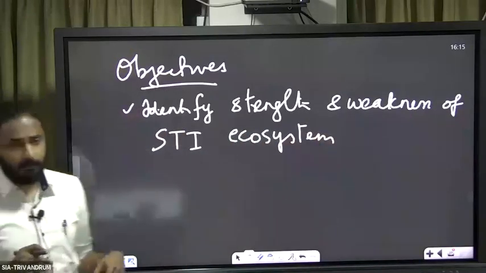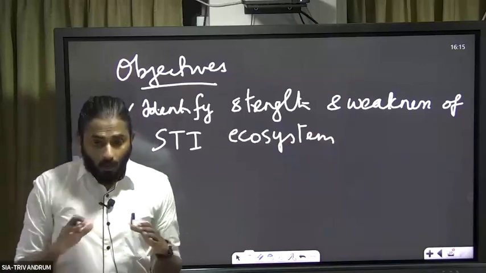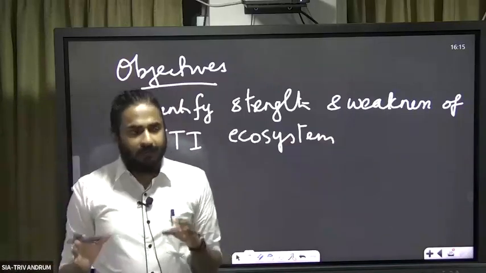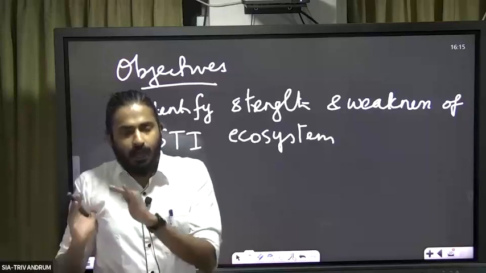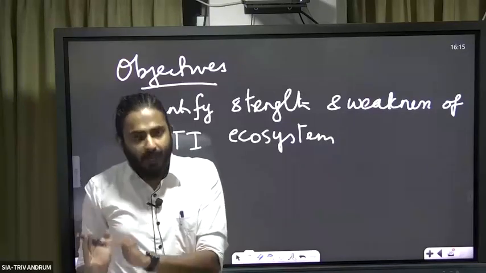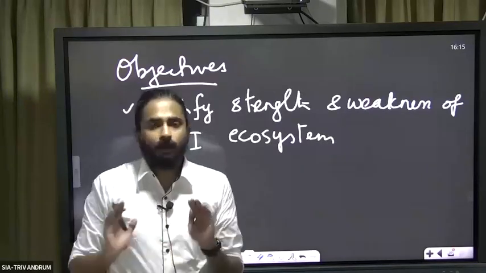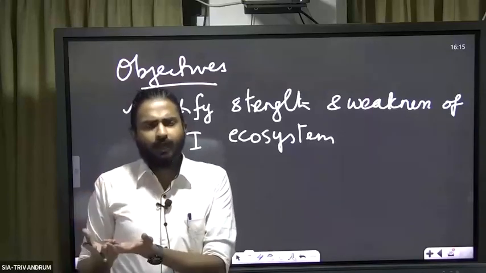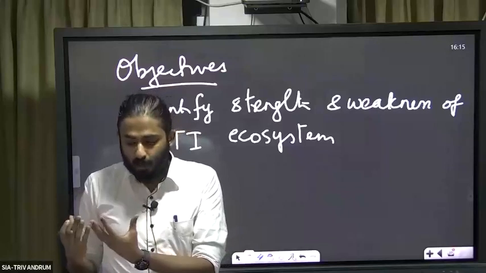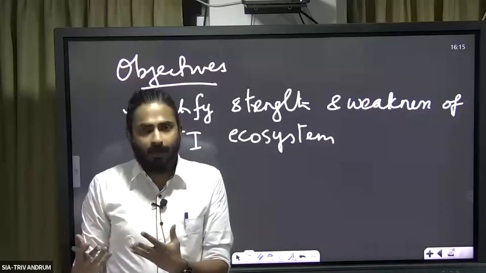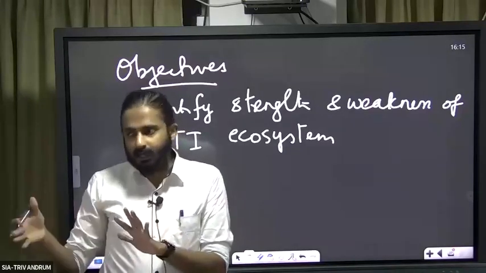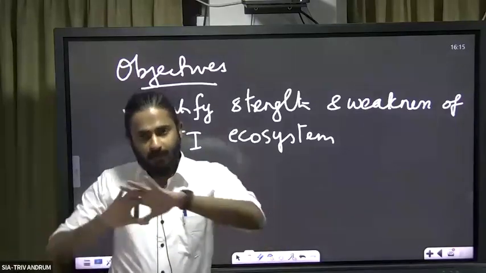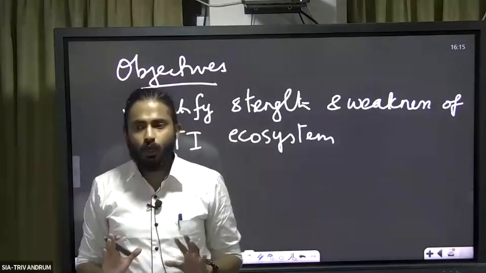Then all the policies, even though it is a science and technology policy, ultimately we want to make some difference in socio-economic development. So if at all they give a statement like the STI policy aims to catalyze socio-economic development, don't think that because it is science and technology there is no socio-economic development. Ultimately everything has to impact socio-economic development.